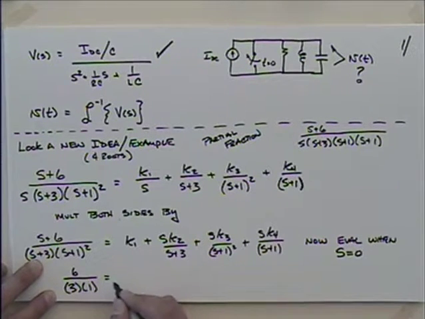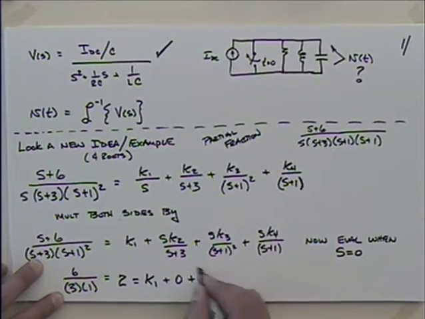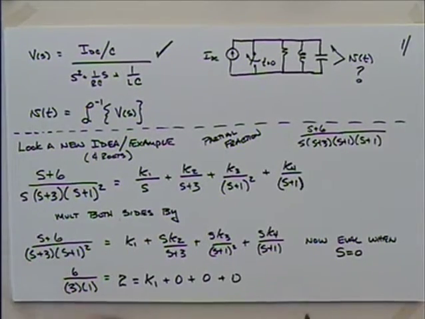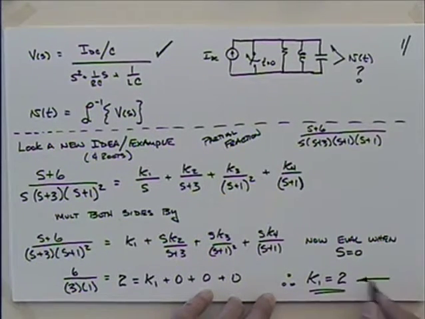Okay, so that's equal to 2, which would then be k1 plus 0 plus 0 plus 0. So I can conclude then that k1 is equal to 2.